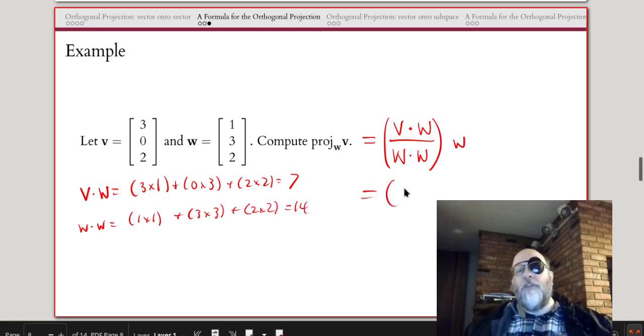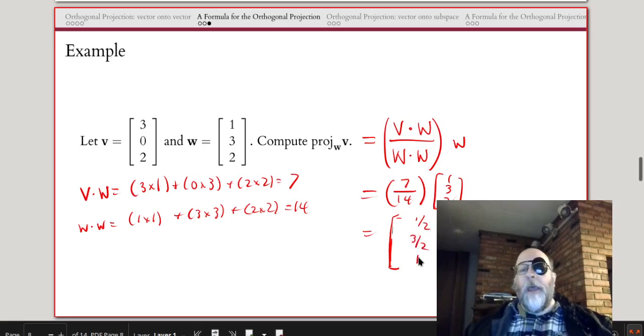So this fraction turns out to be 7 over 14, and w is (1, 3, 2). 7 over 14 is 1/2, and so our answer is 1/2, 3/2, and 1. Take all these numbers and multiply them by 1/2. And that's the projection.